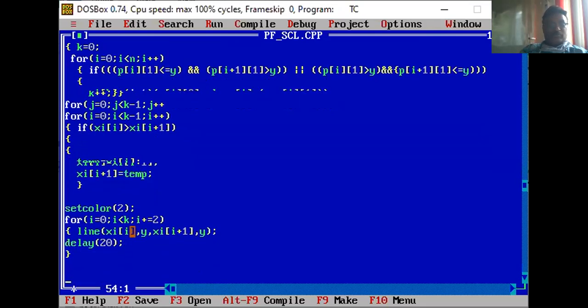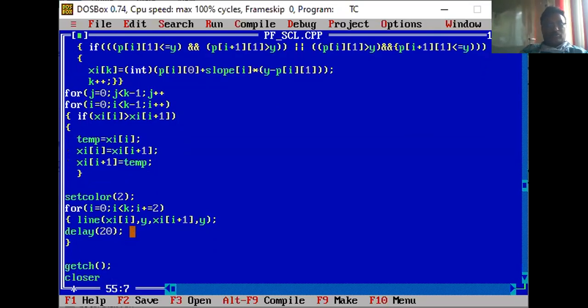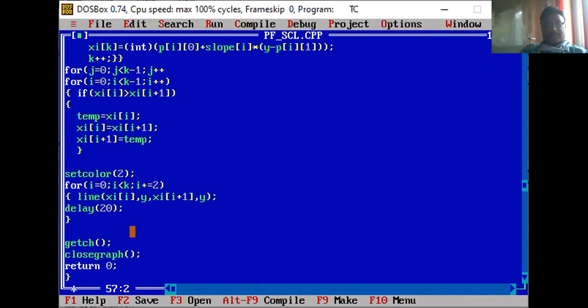Okay, close this loop, getch, and closegraph. Understood? This is a little bit big program, but it's easy. It's not much more difficult. So we have considered the entire thing over here.